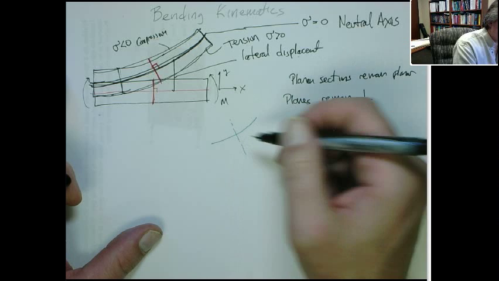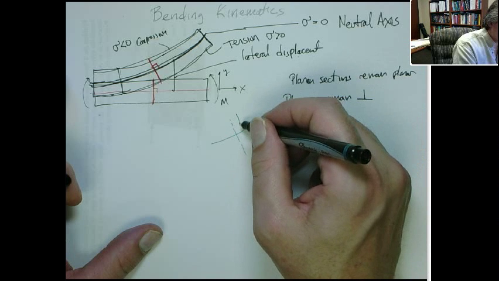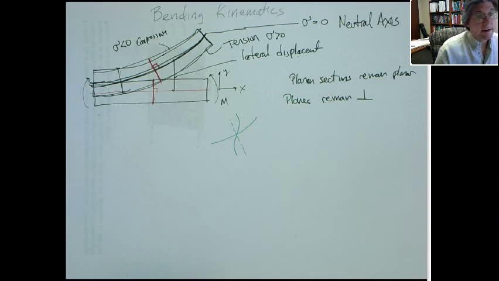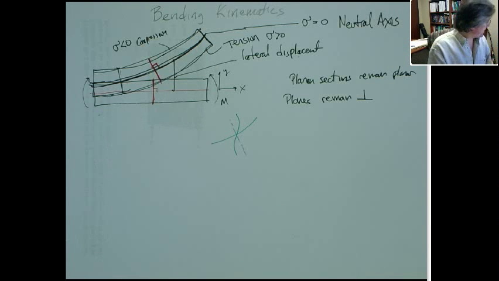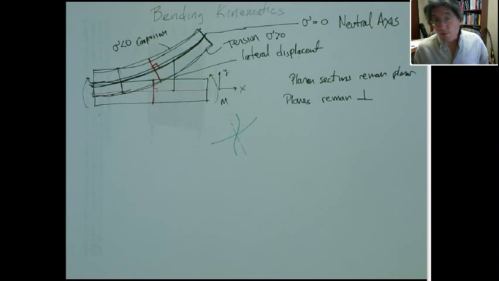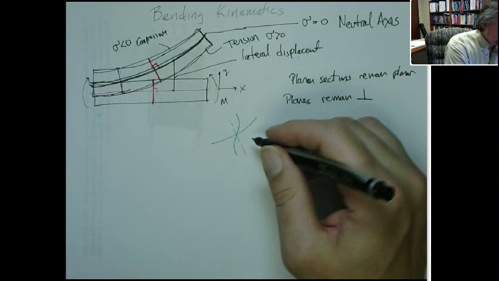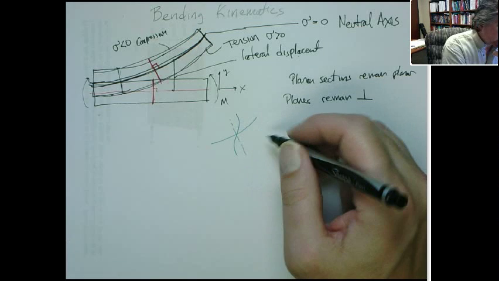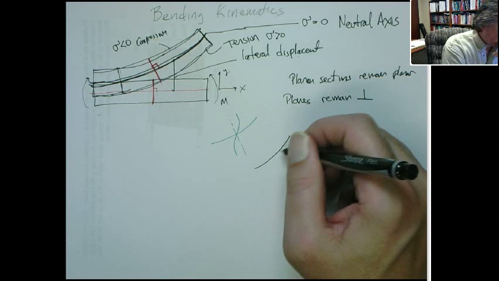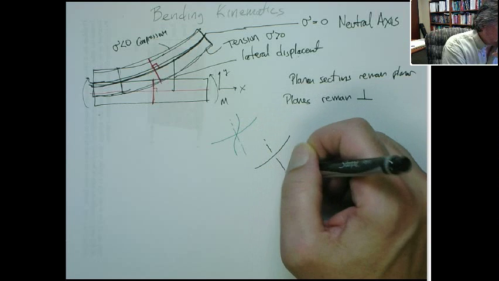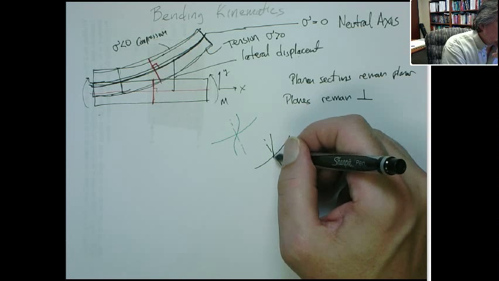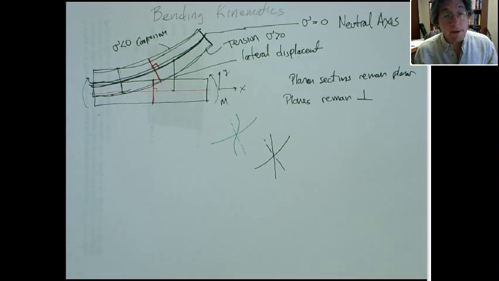Well, instead of everything staying planar, a lot of times what you see is actually like that. You can see that if you take a thick book, like a phone book, and you can actually see those types of patterns. The other thing you'll see, with most types as well, is that even if it doesn't move out of the plane too much, a lot of times when it bends, even if it does stay planar, it doesn't quite stay perpendicular.